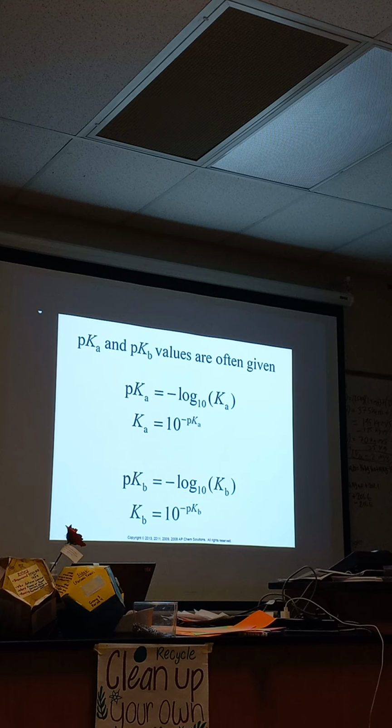So guys, you need to memorize this one, and this one. And also that H3O plus equals 10 to the negative pH and OH equals 10 to the negative pOH, because these are not on the reference sheet. I don't know why, it seems kind of dumb to me. But, yeah.